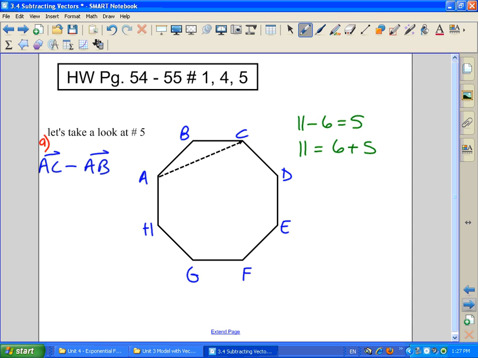First of all, we need to take AC and subtract AB. What we could do is realize that AC subtract AB is AC plus BA. Everybody good with that? So BA.